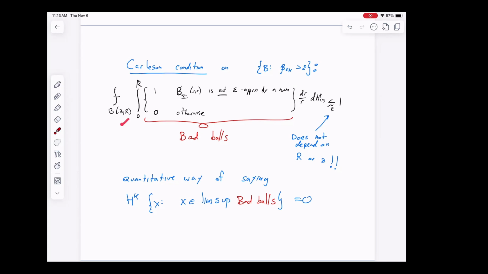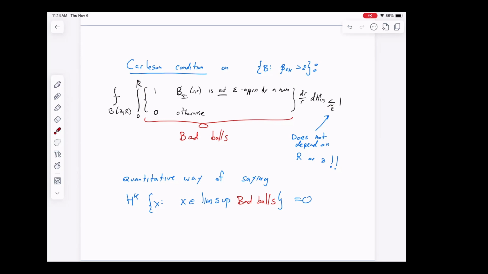I average over points, and I integrate dr over r over radii, and I take 1 if I'm a bad ball or 0 if I'm a good ball. So saying that I have a Carleson condition says that this big integral is bounded by 1. And this bound can depend on epsilon.